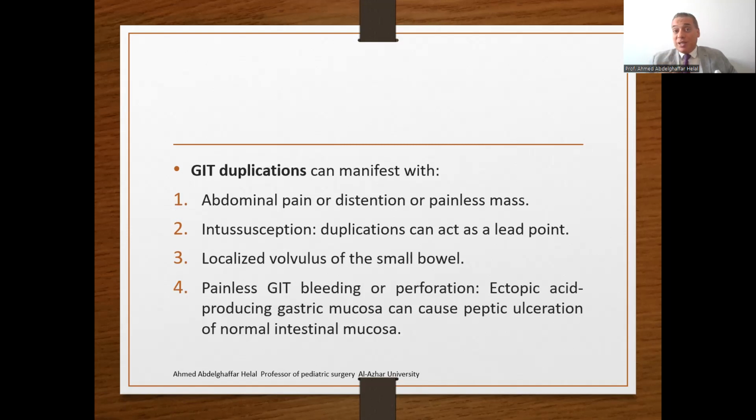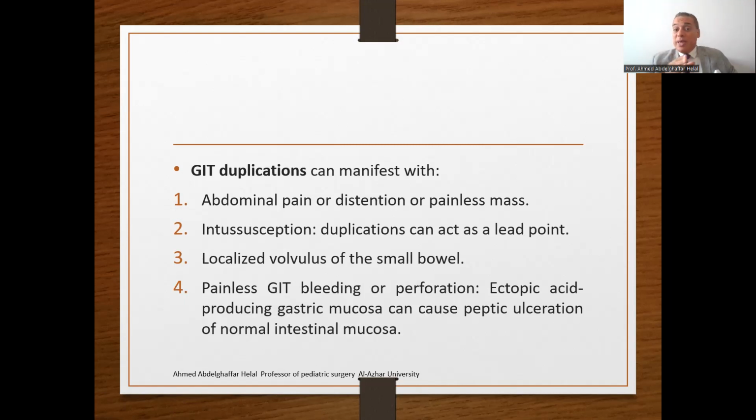Gastrointestinal duplication can present with abdominal pain or distension, or present as a painless mass. Also, duplication may present with intussusception, as a duplication can act as a lead point for the intussusception to start.